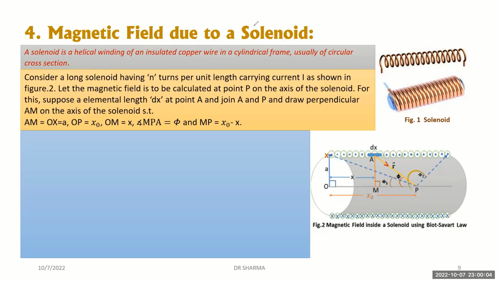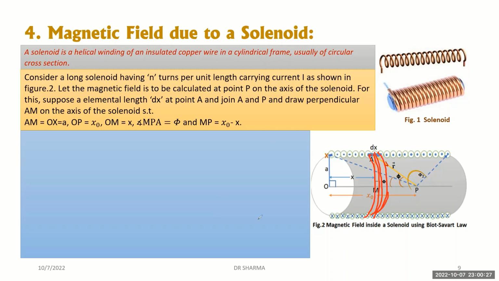Now, remember that the elemental length of the solenoid is just a circular coil having n turns.